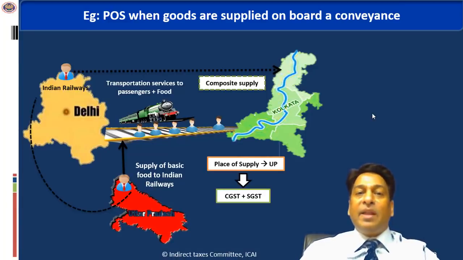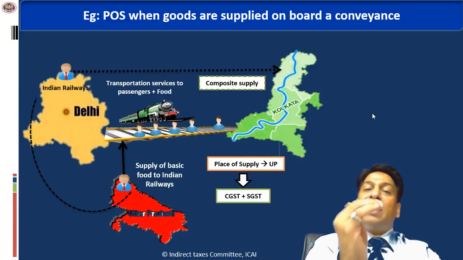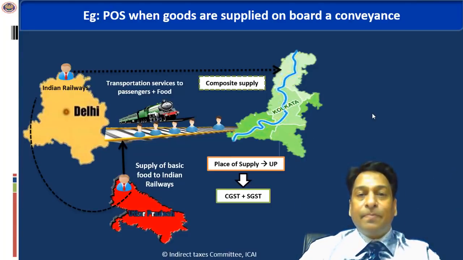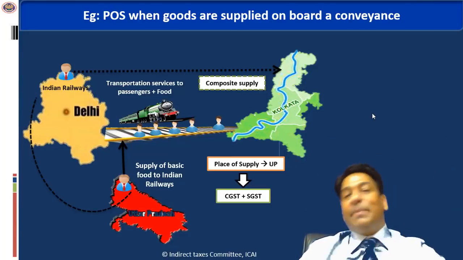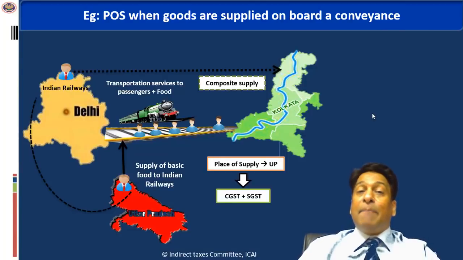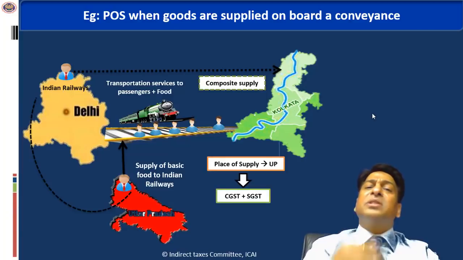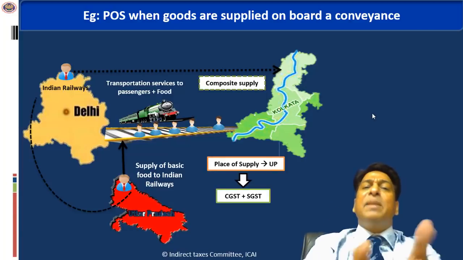Now what happens when goods are being supplied on board a conveyance? So the same Indian Railway undertaking passenger transportation services, but for that, certain goods are being supplied, say midway.